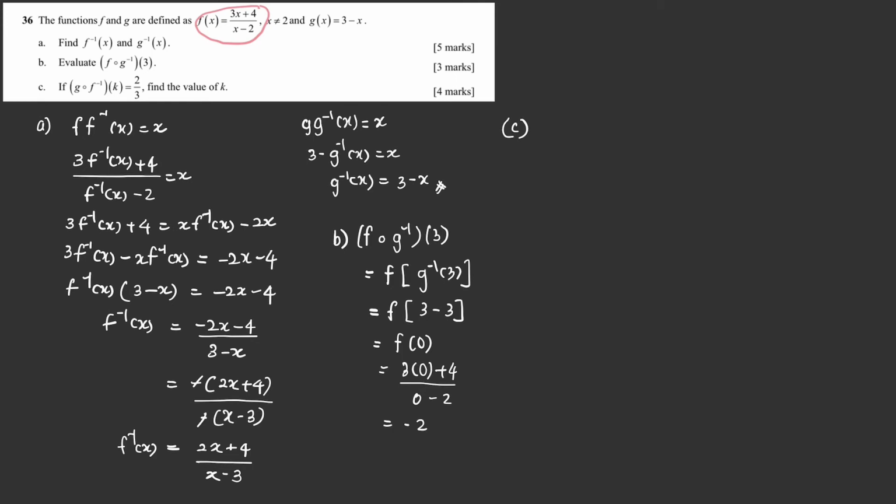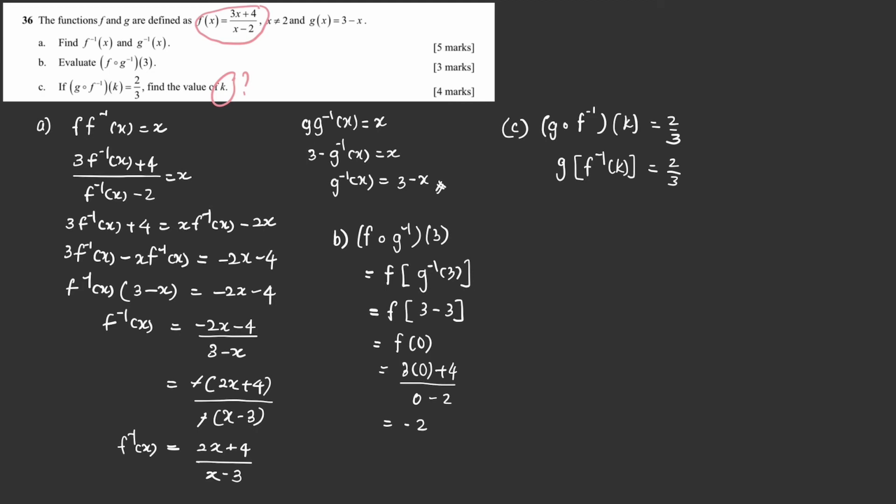Now last sekali part C. If G composite with f inverse of K dapat 2 over 3. So what is our value of K? Okay. So maksudnya G, kita masukkan f inverse of K dekat dalam tu. So gantikan X dengan K lah dekat dalam f inverse.